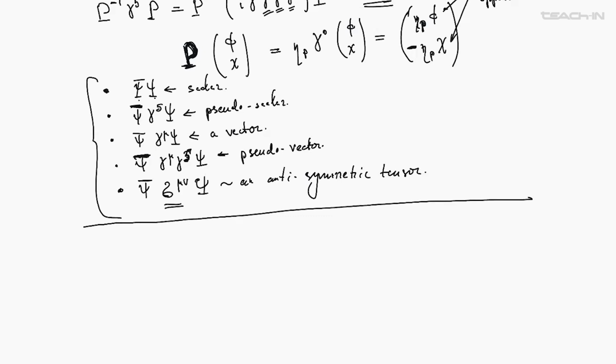That sounds interesting. We will discuss it next lecture. What we will also see is that in spite of the fact that the representation of the proper orthochronous Lorentz group will be reducible, parity will still mix the components and break this irreducibility. So the representation of the full Lorentz group, including parity, will be irreducible.